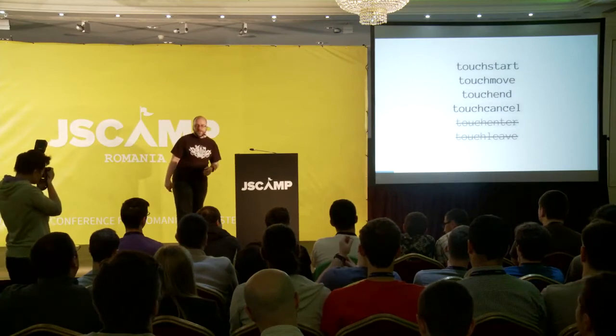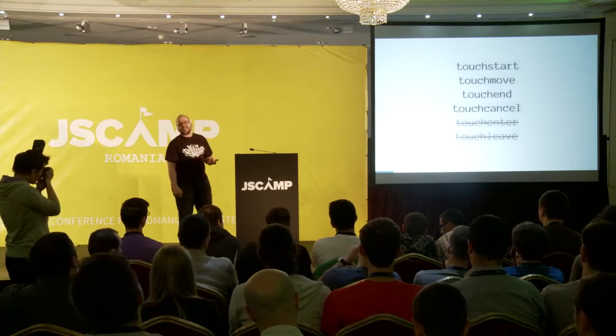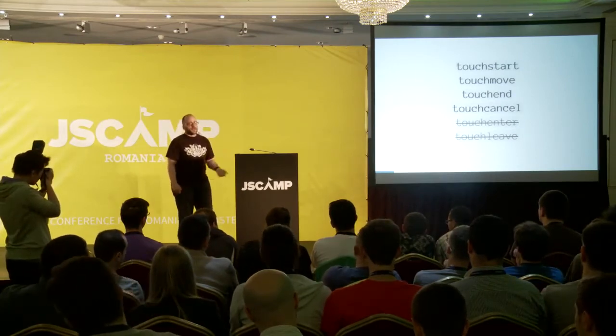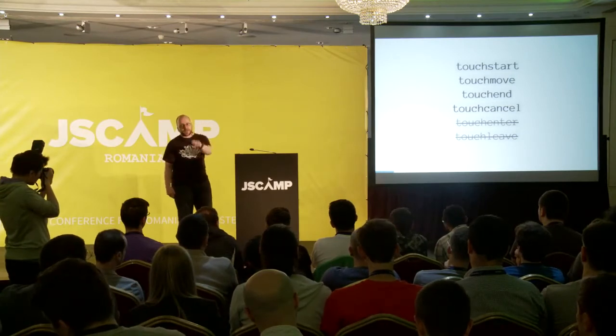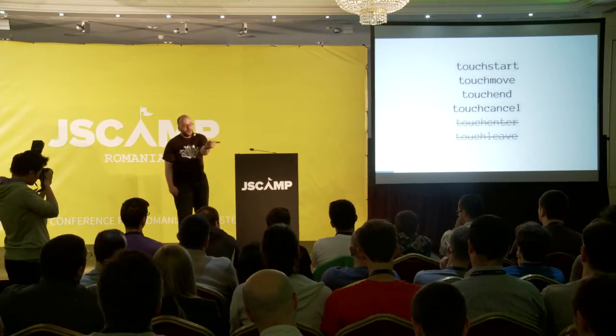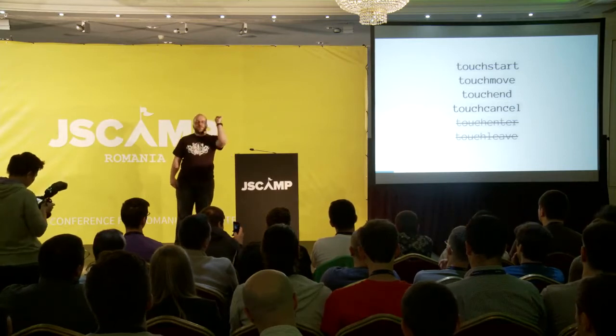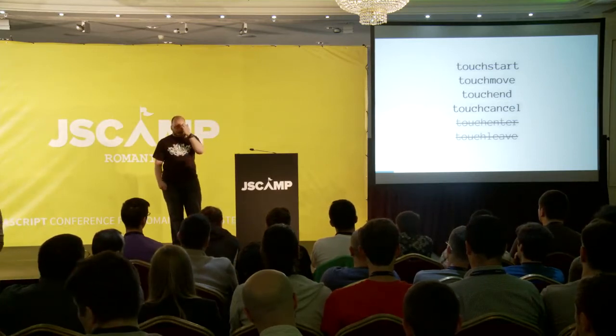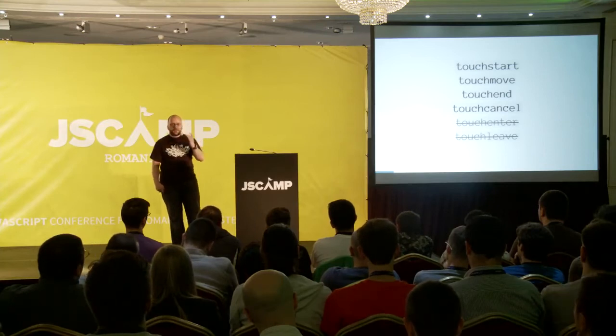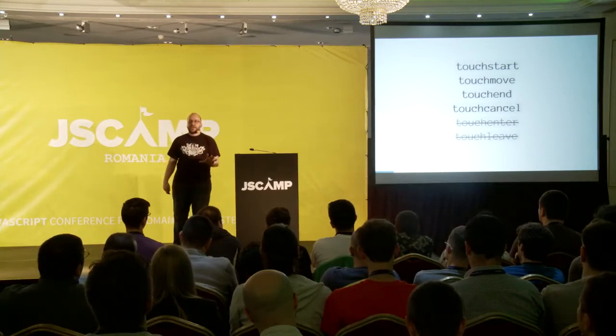What the touch event spec gives us is a whole new series of events. You get touch start, the finger has touched the screen. Touch move, the finger is moving around the screen while it's touching it. Touch end, the finger is released. And touch cancel is a bit of a weird one. That is in general fired when a touch gesture has been interrupted.